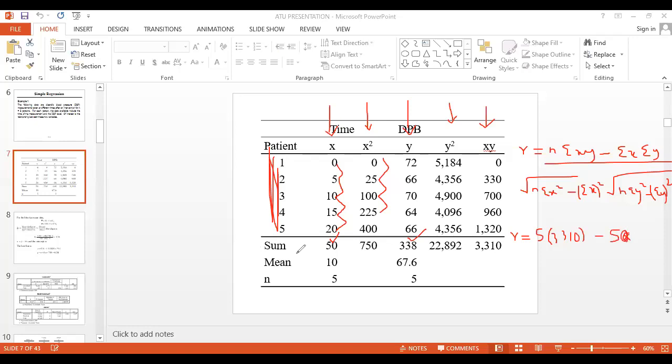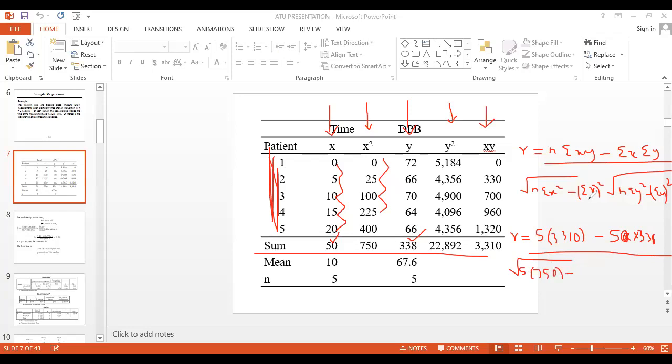These are the summations. So that is 50. Summation Y is 338. Over, then you substitute your other values in there. N is 5. Summation X squared is 750.